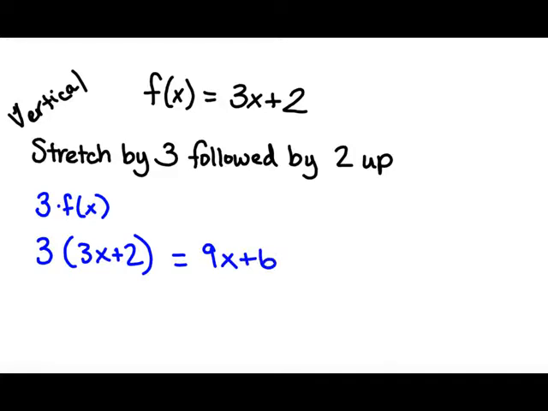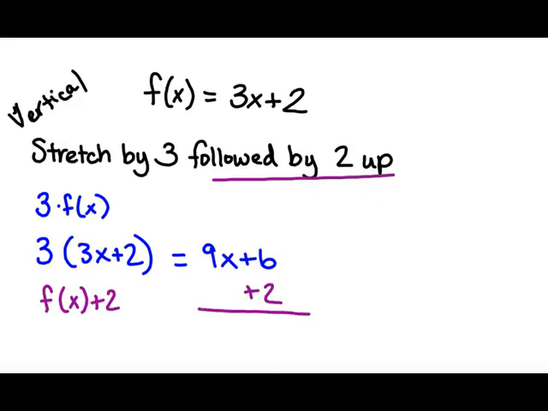Now it says take that new function and move it up 2 or translate it up 2. Well, the notation for translating up 2 is f of x plus 2, where we just add 2 onto our function. That just becomes 9x plus 8. And there is my final function.